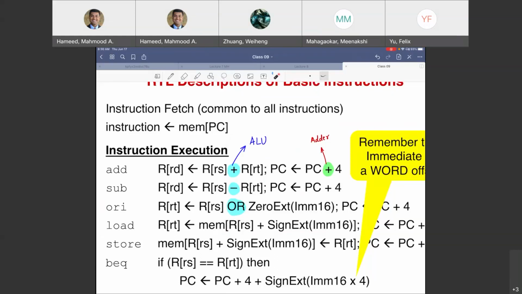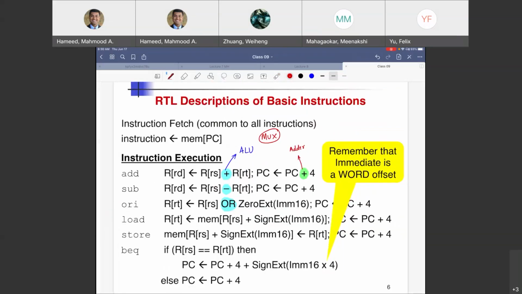And that mux can be used to select whether the second operand of the ALU is RT or this guy or this guy. I need a mux for doing that, right? So I'll just write that. I need a mux. All right, next. There is a 0 extension over there for OR immediate.